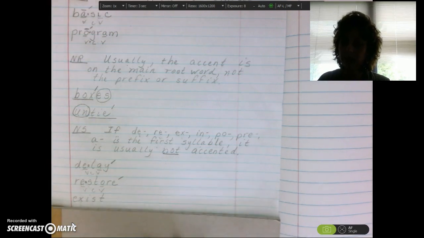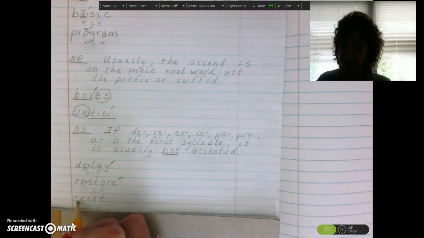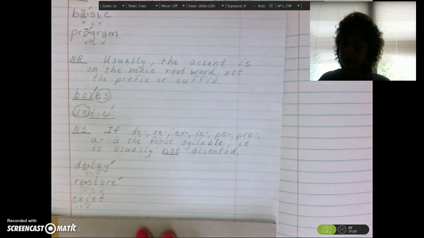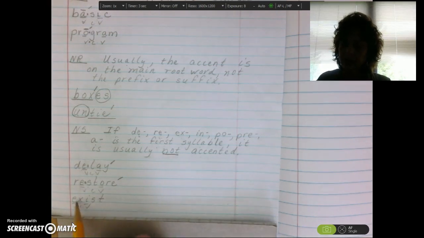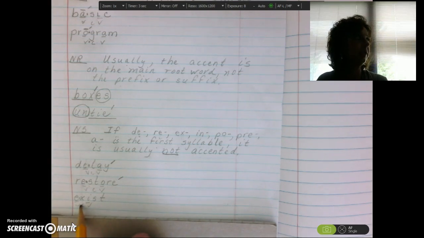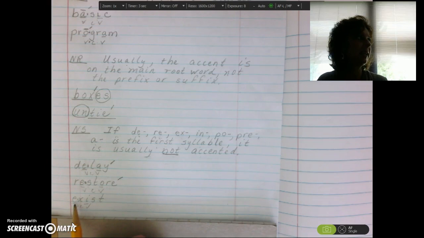All right, another one. Vowel, consonant, vowel. Okay. This time, if we divide the syllable with the first syllable rule for VCV, it's going to say exist.